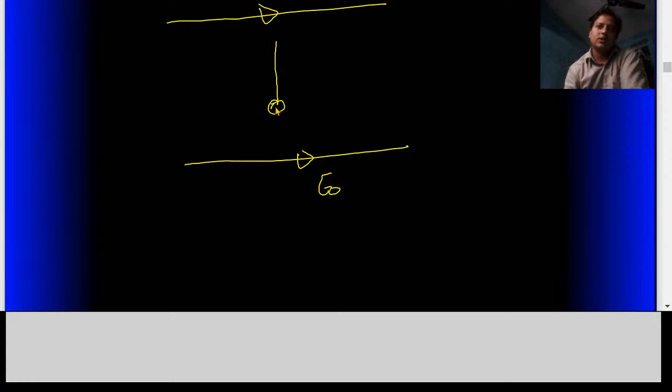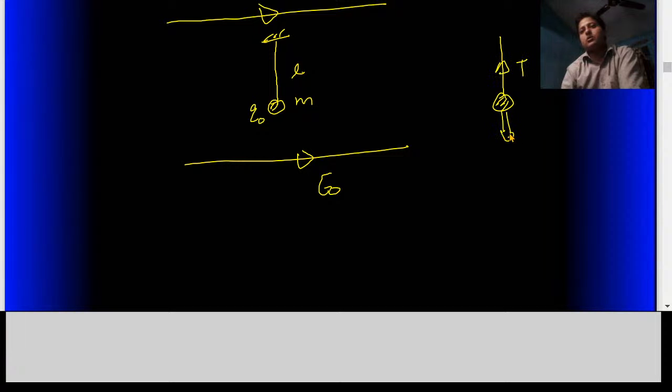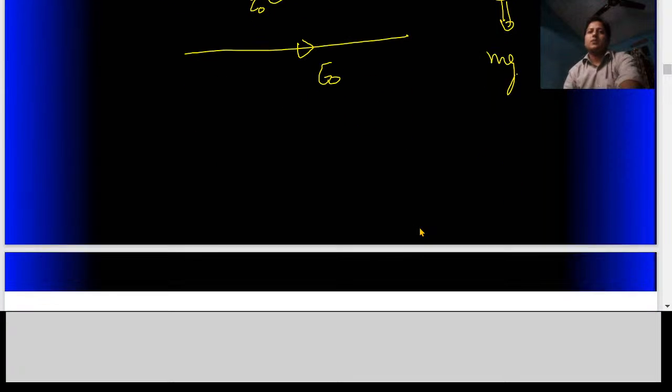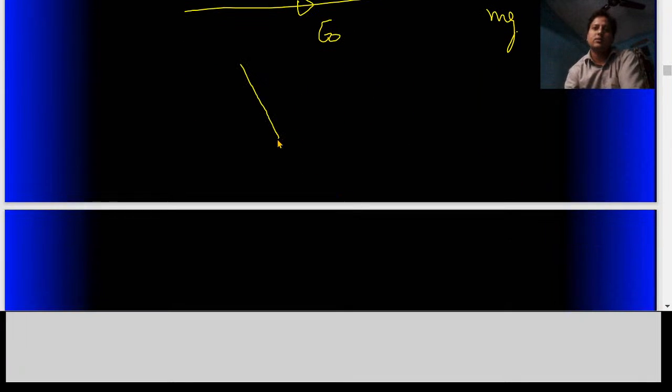What will be the time period if a constant electric field goes along the horizontal and the pendulum is like this? Mass is m and length is L, charge given is q0. So here, taking the FBD, upward force is T, downward force is mg, and the rightward force due to electrostatics is q0 E0. Now the string tilts due to this force, and the final diagram is this.